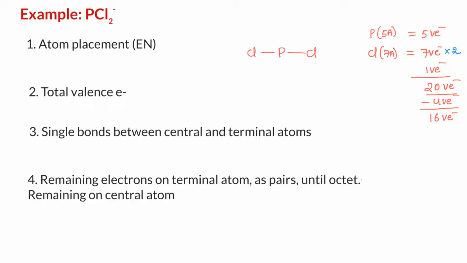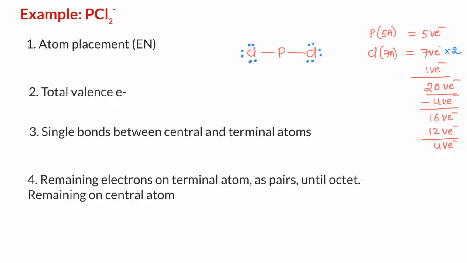I'm going to do that. 1, 2, 3, 4, 5, 6, and the other chlorine 1, 2, 3, 4, 5, 6. So I have used up 12 electrons in doing so, and there are 4 valence electrons remaining.